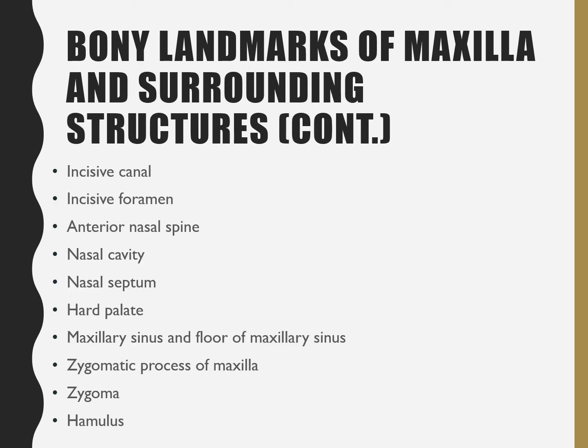The incisive canal, the incisive foramen, the anterior nasal spine, the nasal cavity, the nasal septum, the hard palate, maxillary sinus and floor of the maxillary sinus, the zygomatic process of the maxilla, the zygoma, and the hamulus.